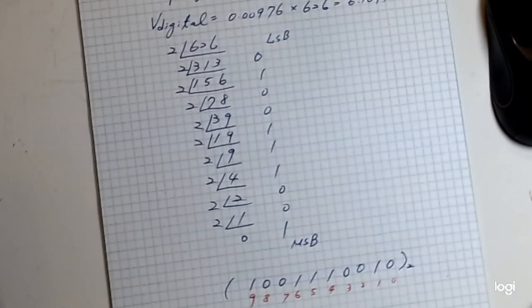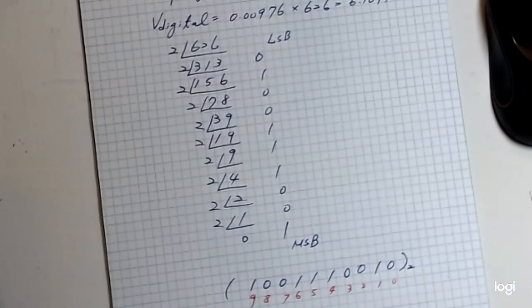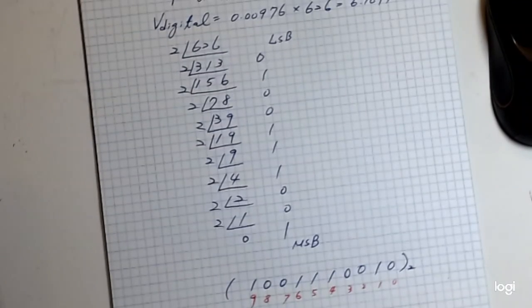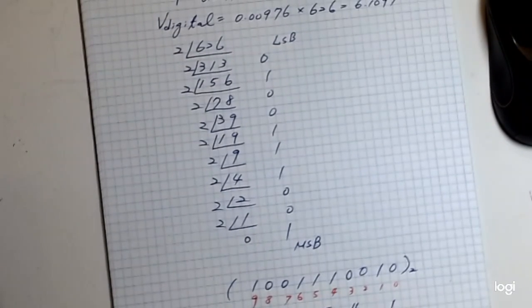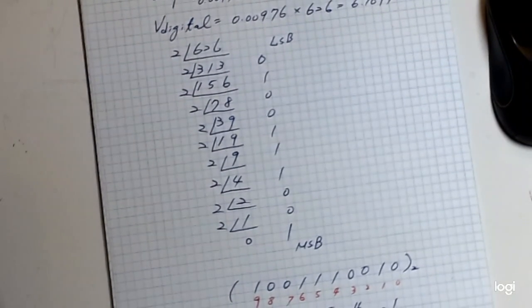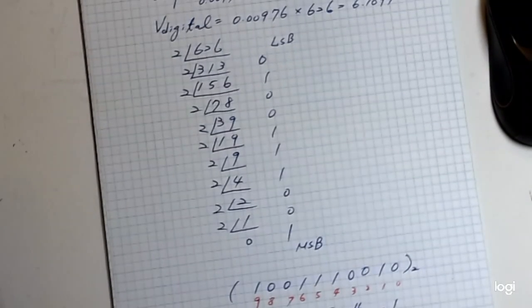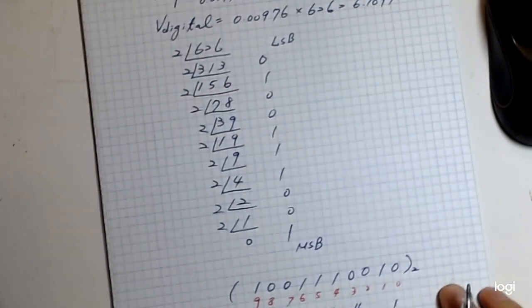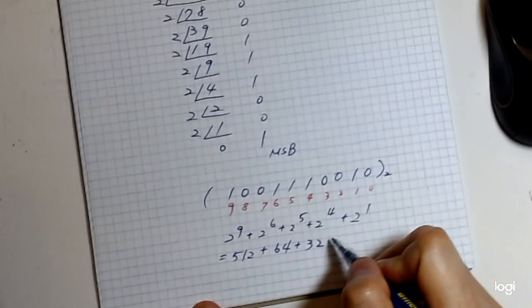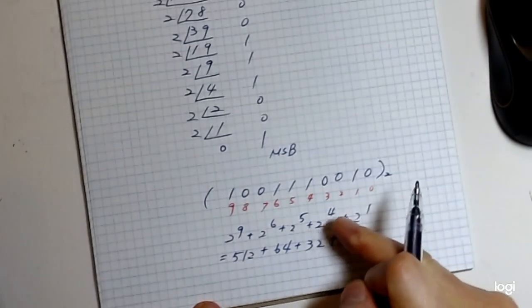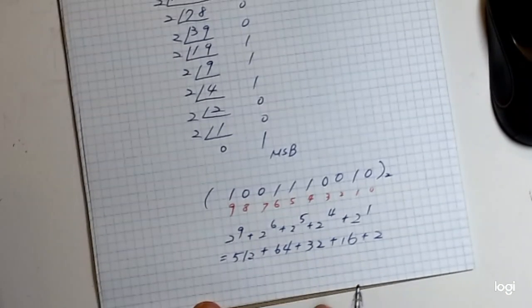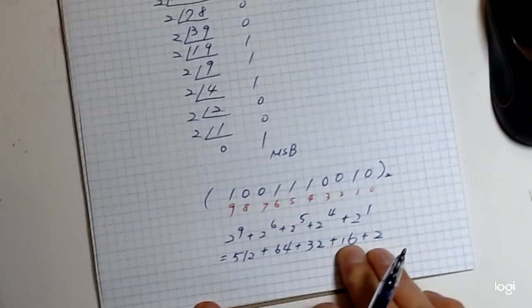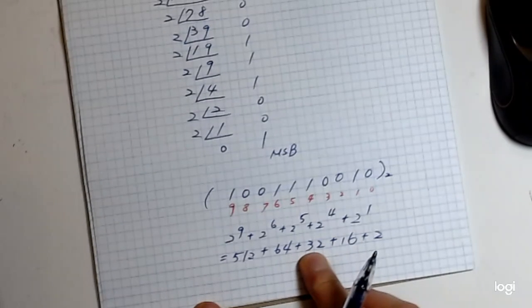So 2 to the 9, 2 to the 6, 2 to the 5, 2 to the 4, 2 to the 1. 512 plus 64 plus 32 plus 16 plus 2.